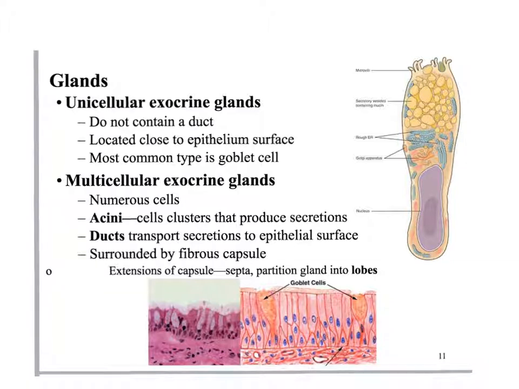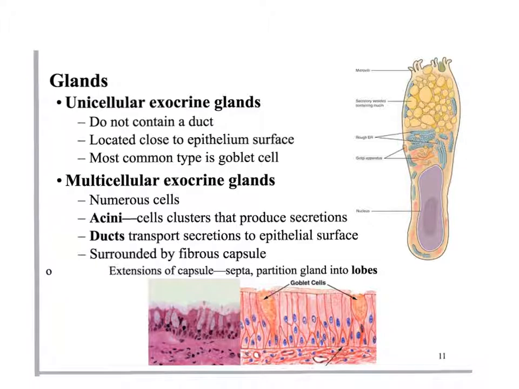You have these goblet cells, and in the trachea, goblet cells, a unicellular gland that's producing mucus. It's producing mucus that is going to help protect the underlying tissue, or help protect and allow the digested food in your small intestine to pass easily.